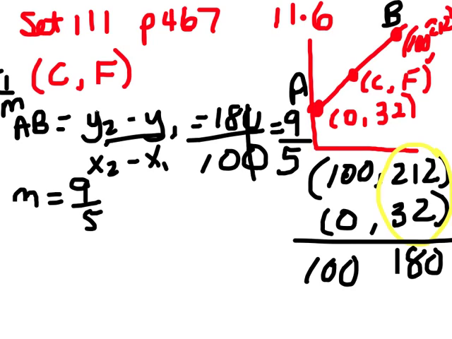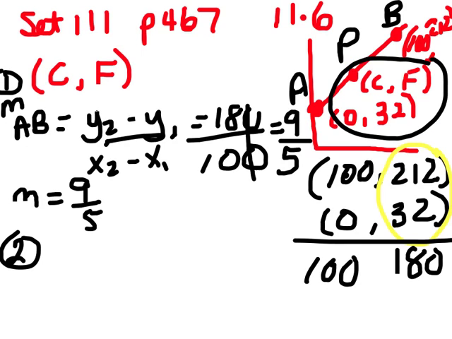So that was number 1 on set 3. Problem 2 says write an expression for the slope of the line AB in terms of the coordinates A and P. So they want me to use this information right here. So the slope would be, I'm going to put the F first just because I know what I'm working toward here.